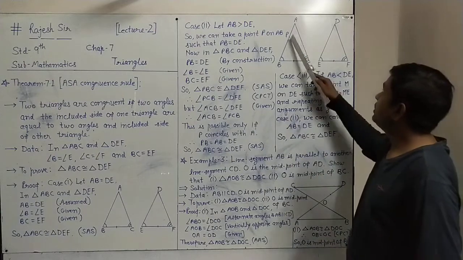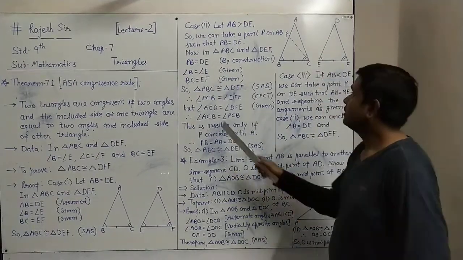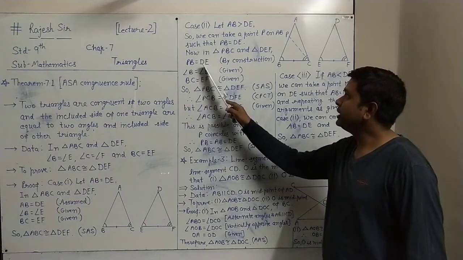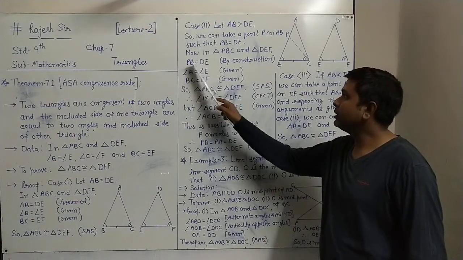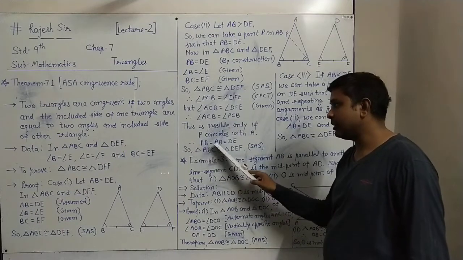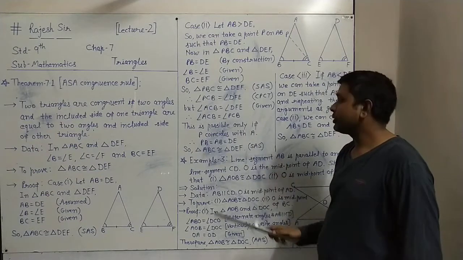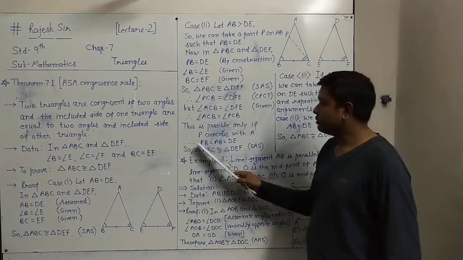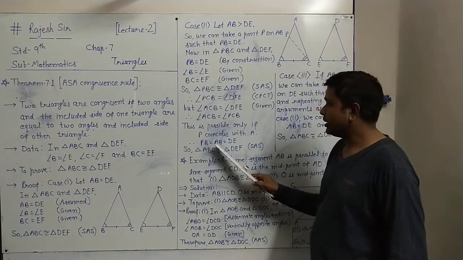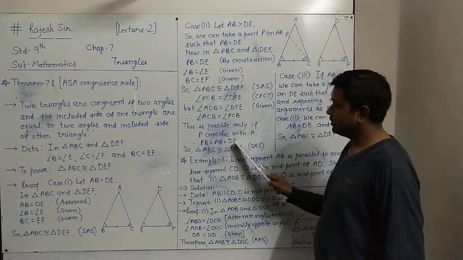So if we take P on A, P will be replaced by A. Here we have PB equal to DE, which becomes AB equal to DE. We can write PB equals AB because P coincides with A by this condition. So PB equals AB equals DE.